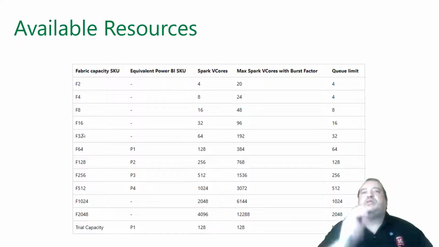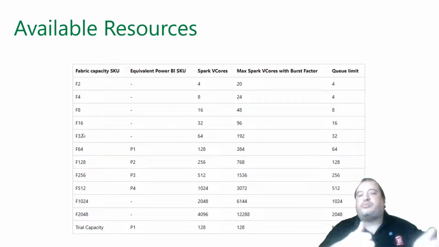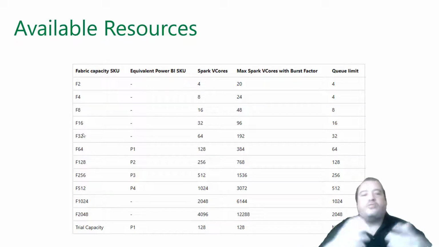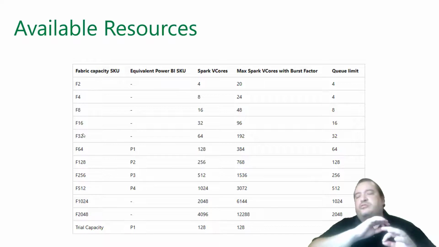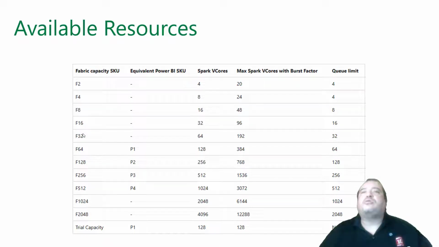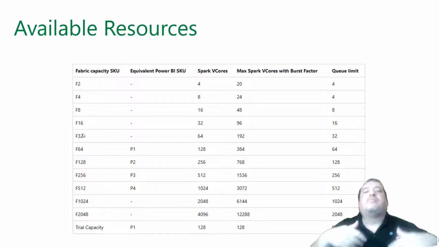So one session, one execution takes 80 and the capacity supports 128. Of course, it will be limited. That's why sometimes you get a message, oh, there is not enough resource to execute your notebook. Yes, it makes sense. Of course, the resource consumption is way more complex than this, but let's consider this.